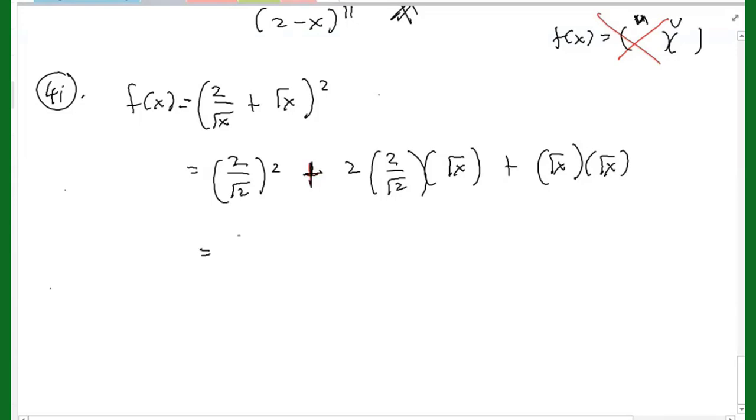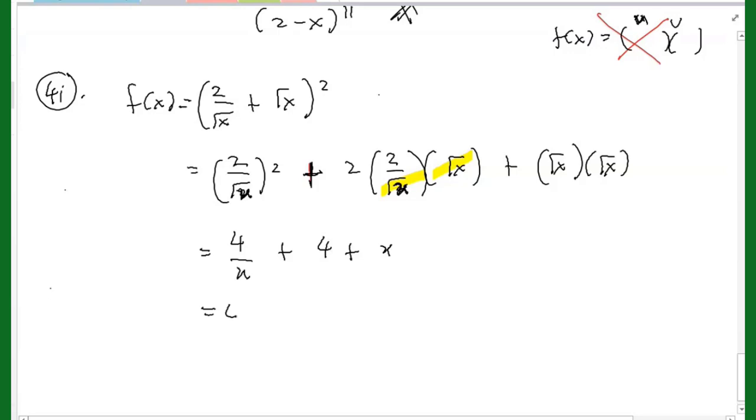Okay, and this one, x over x. Okay, plus x, sorry, cancel, plus 4 plus x times x, same x.